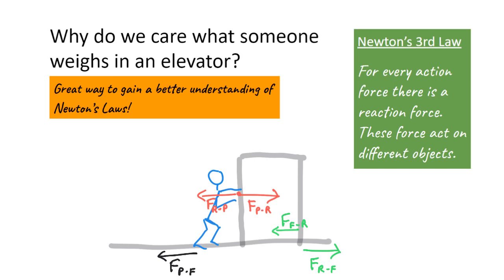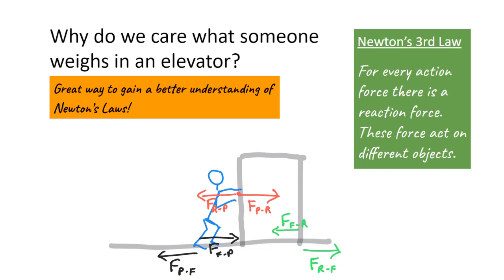And then the floor is exerting a forward force on the person, and that is force of floor on person. So these are the force pairs that occur in this system of objects. It's a simplification, I'm sure, but it gives us the basic idea.